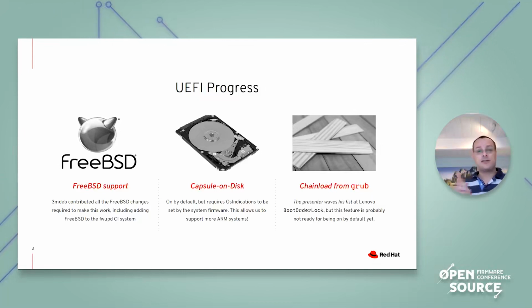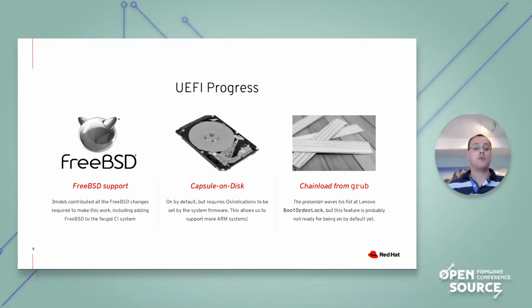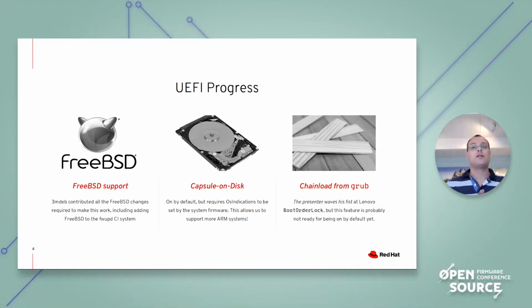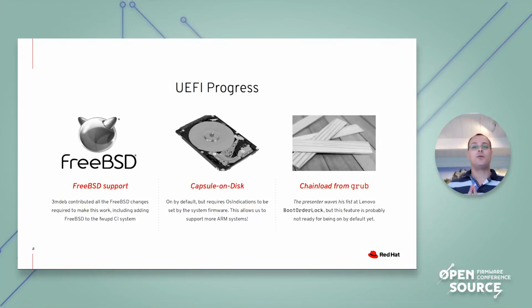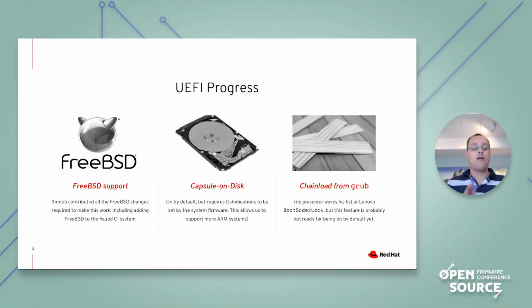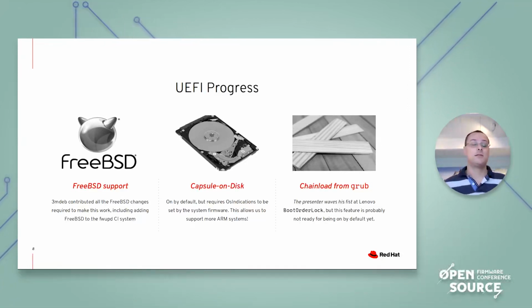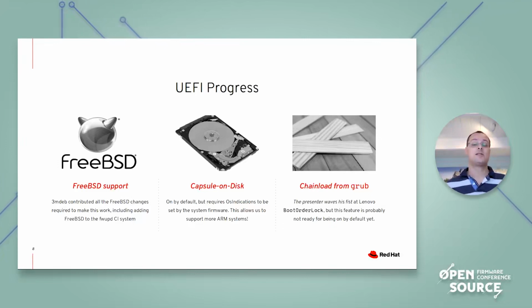Now, in a slightly less awesome side of this, we also have some systems which have broken firmware, which means that whenever you change the boot order, like BootNext or the boot variables, it can actually corrupt the other boot variables. So there's something like Asus laptops that do this.